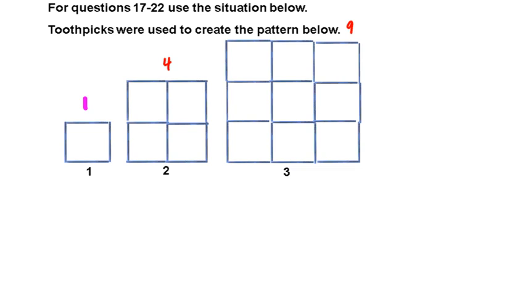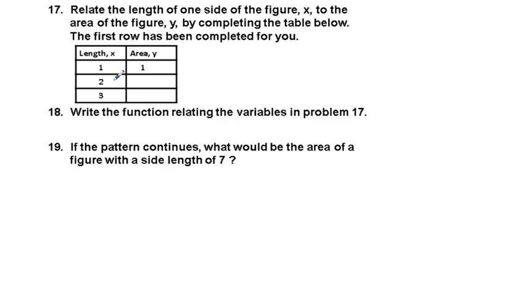So what that's going to look like is 1, 4, 9. And so, okay, our first difference is going to be plus 3. And our second difference is plus 5. And between 3 and 5, we have plus 2. And so we have our second difference.